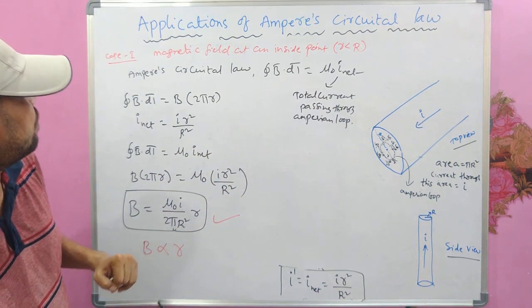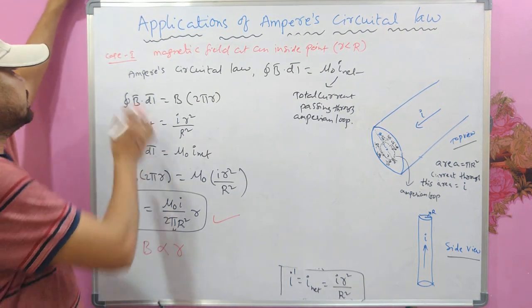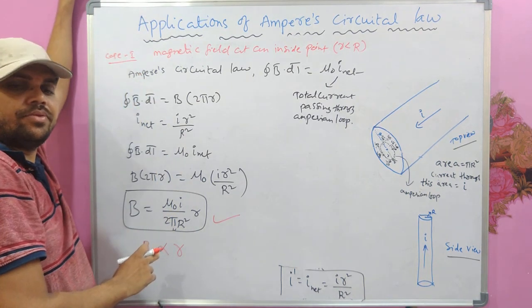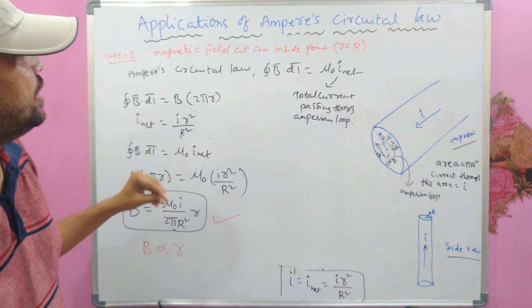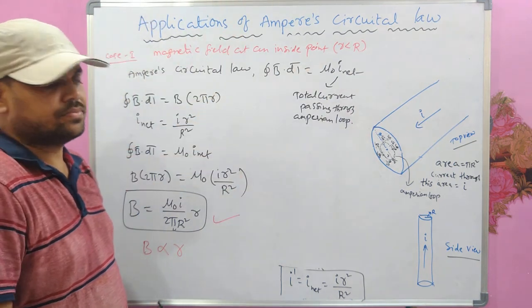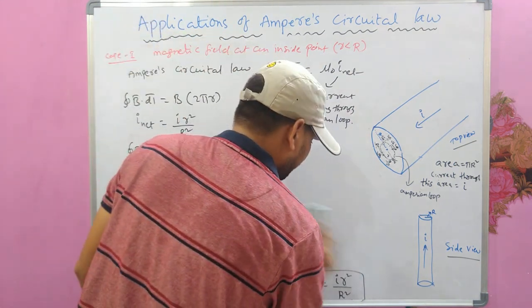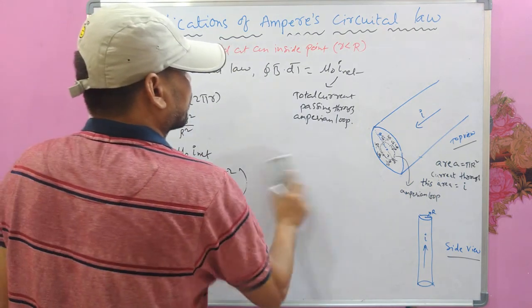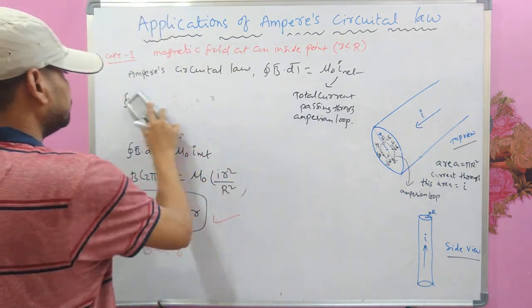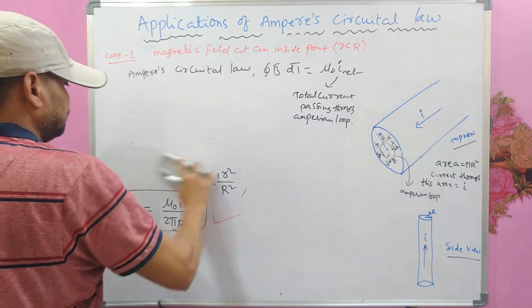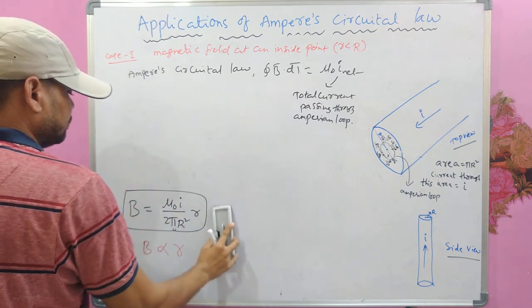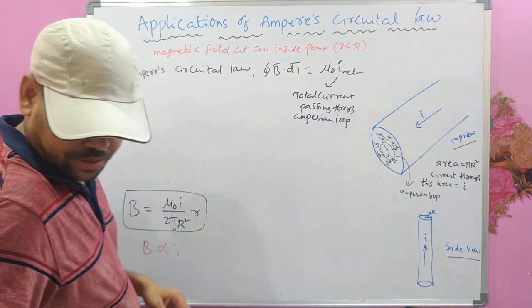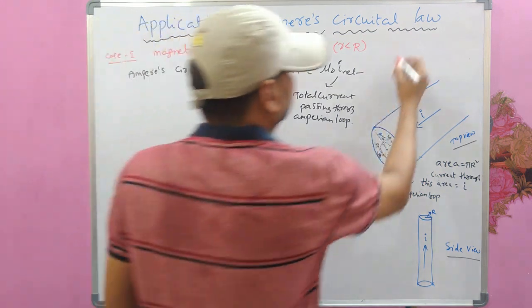Now we take case 2 and find the magnetic field at an outside point. Let me write this here.